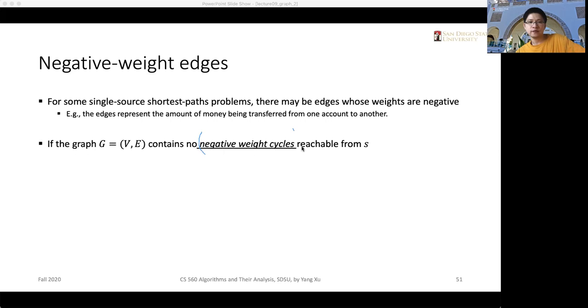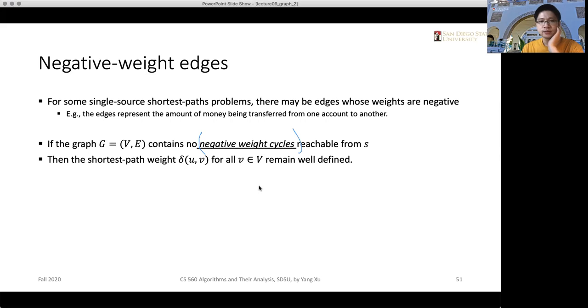If a graph contains no negative weight cycles reachable from s, then the shortest paths are well defined. That says we can only make sure that the shortest path weights for all the vertices in the graph are valid if the graph does not contain any negative weight cycles.